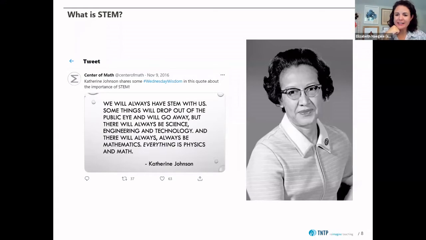Which is why I included this quote from Katherine Johnson, who was a famous NASA mathematician. Her life is the basis of the movie Hidden Figures, which really highlights the importance of not just thinking about strong CTE courses, which are often applied math and applied science, but also thinking about strong experiences in the foundational core content of math and science as well.